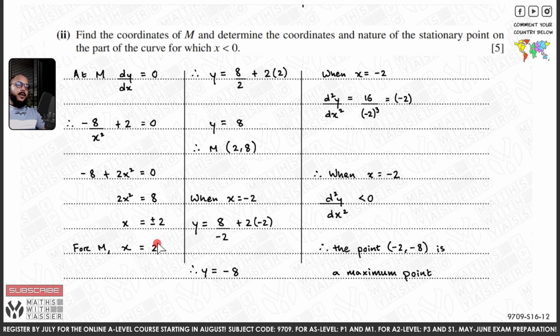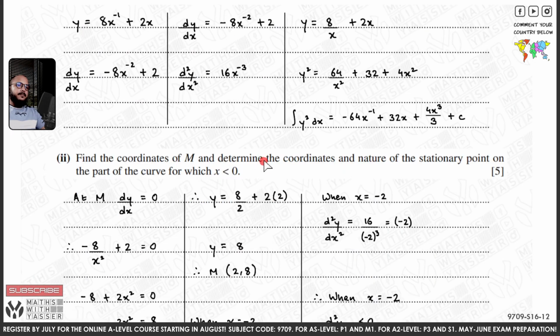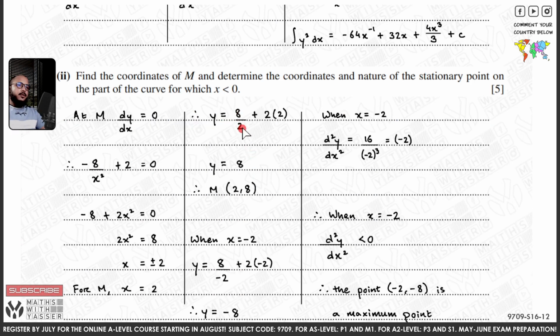And now we need to substitute this value of x into the equation of the curve, which was y equals 8 over x plus 2x. That means 8 over 2 plus 2 times 2. That gives us y equals 8. That means the coordinate of M is (2, 8).